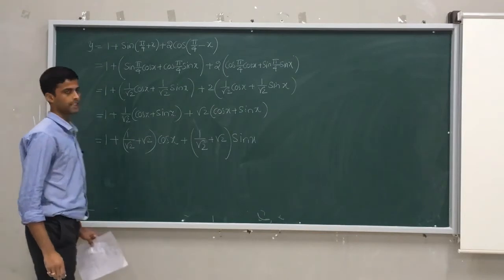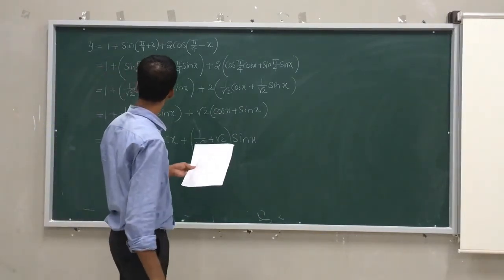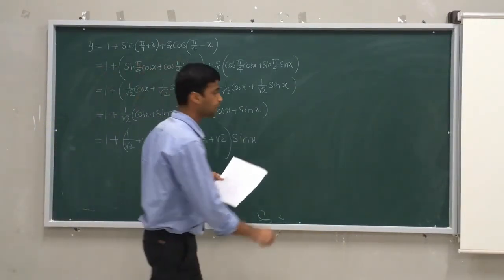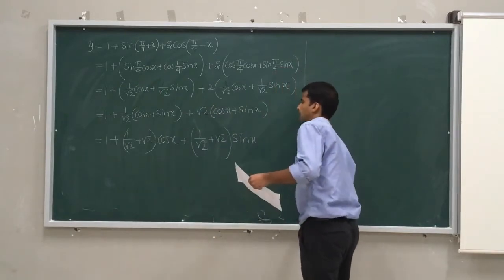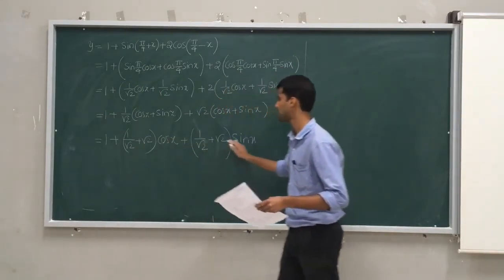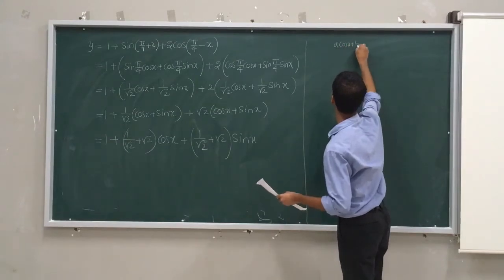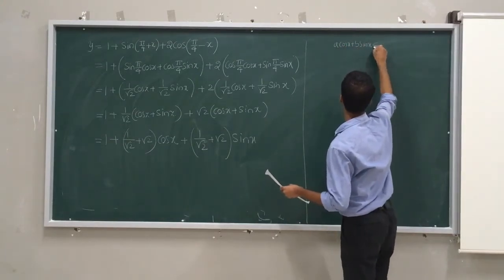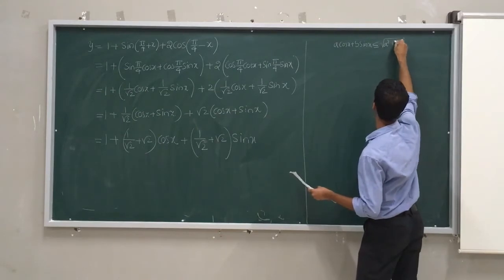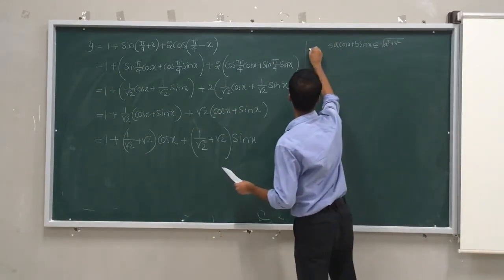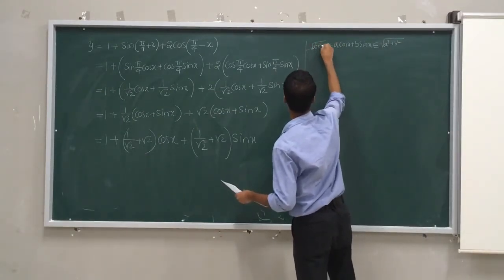What we want here is the maximum value of this particular expression. Again, it looks like a cos x plus b sin x. We all know that for a cos x plus b sin x, the maximum value is root of a square plus b square, and the minimum value is minus root of a square plus b square.